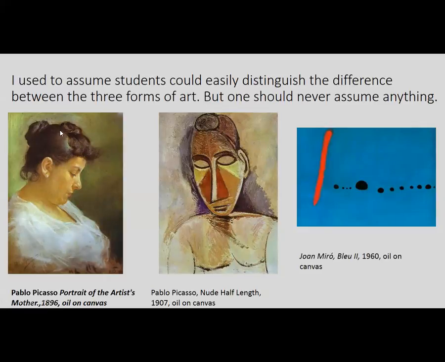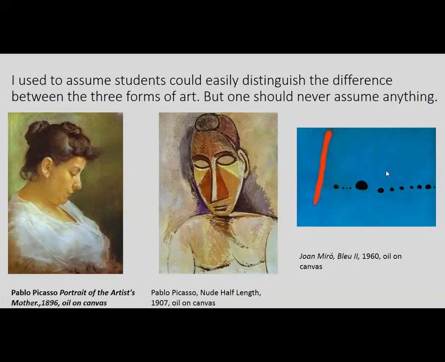So just quickly, we're just going to look, and I'm not going to explain yet, but we see on the left a painting by Picasso that's representational, and it's of his mother. In the middle, we see an abstract painting by Picasso, and we still see a figure in it, but it's not as realistic looking, certainly by any means, as the one on the left.